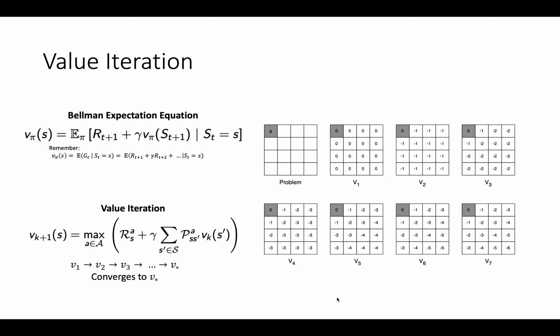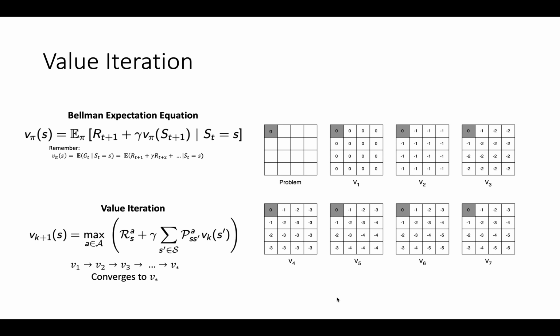Now we're going to go over how to find the optimal state value function. One way is a value iteration algorithm, and this derives from the Bellman expectation equation. The Bellman expectation equation just tells us that the value of state S under some policy pi is just the expected reward at the next time step plus gamma times the value of the state we end up in.